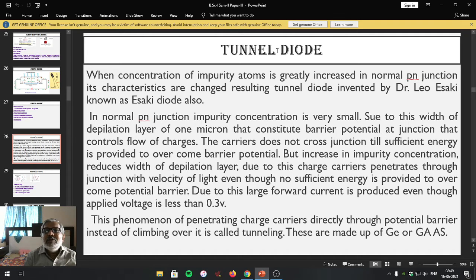Here, the motion of charge carriers through the diode takes place by tunneling action. The modified simple p-n junction diode is called a tunnel diode.